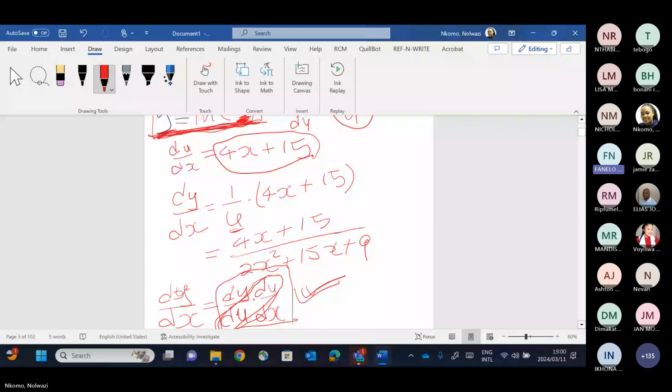Sorry, ma'am. When you get to that derivative of dy over dx, you don't need to simplify further. You can just leave it as 4x plus 15 over 2x squared plus 15x plus 9.